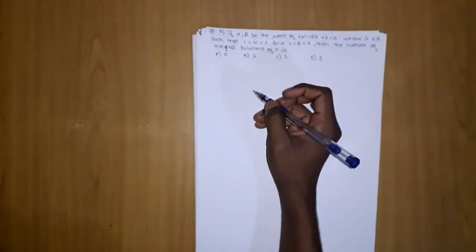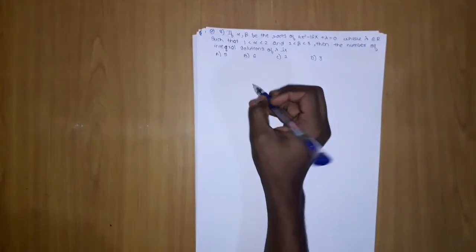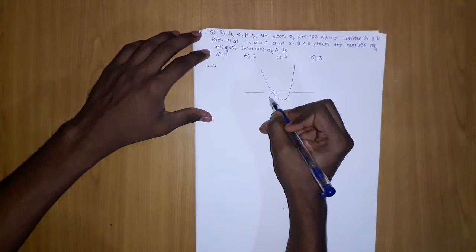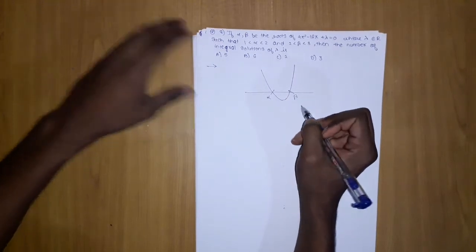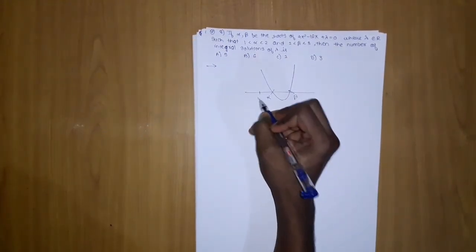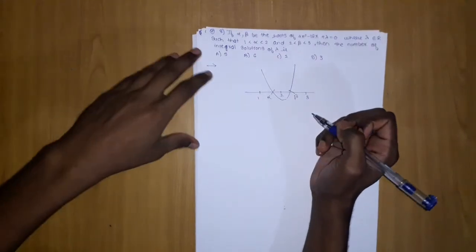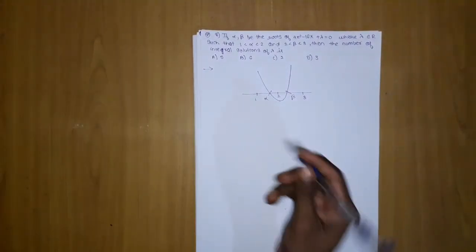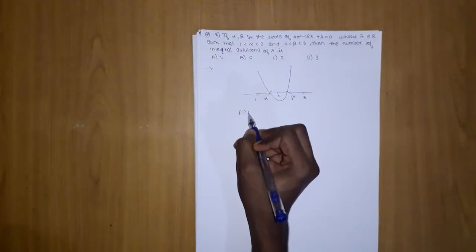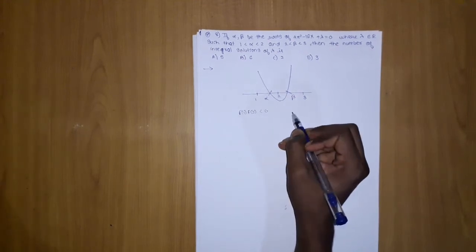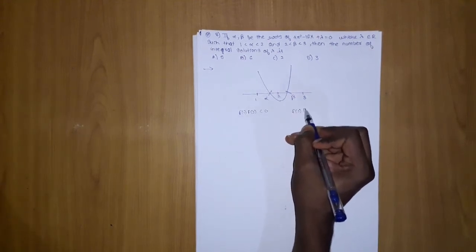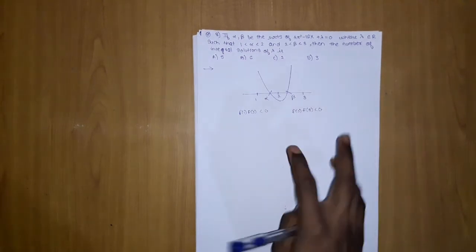Now after checking the equation, it is clear that it will be an upward facing parabola. If I consider alpha and beta, one is between 1 and 2, and the other is between 2 and 3. Here you can solve it by two methods: f1 into f2 less than 0, or f2 into f3 less than 0, and combine these two conditions.